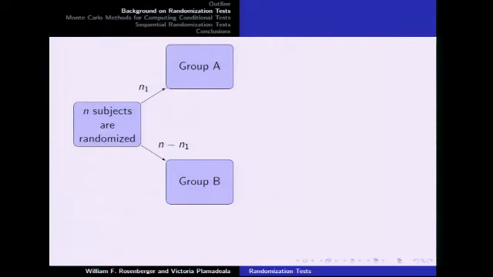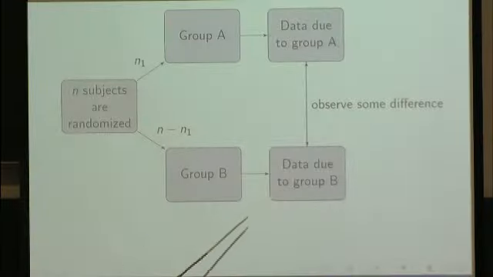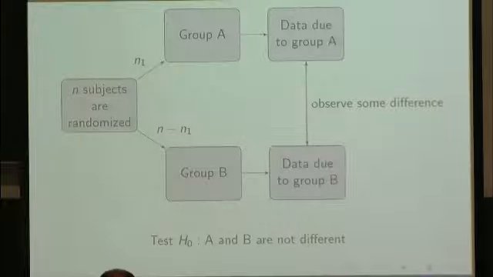So the typical clinical trial design, we have n subjects randomized, and we have 2 groups, n1 and n minus n1. And we get the data due to group A and the data due to group B, and we're interested in observing some difference and testing a hypothesis that groups A and B are not different.